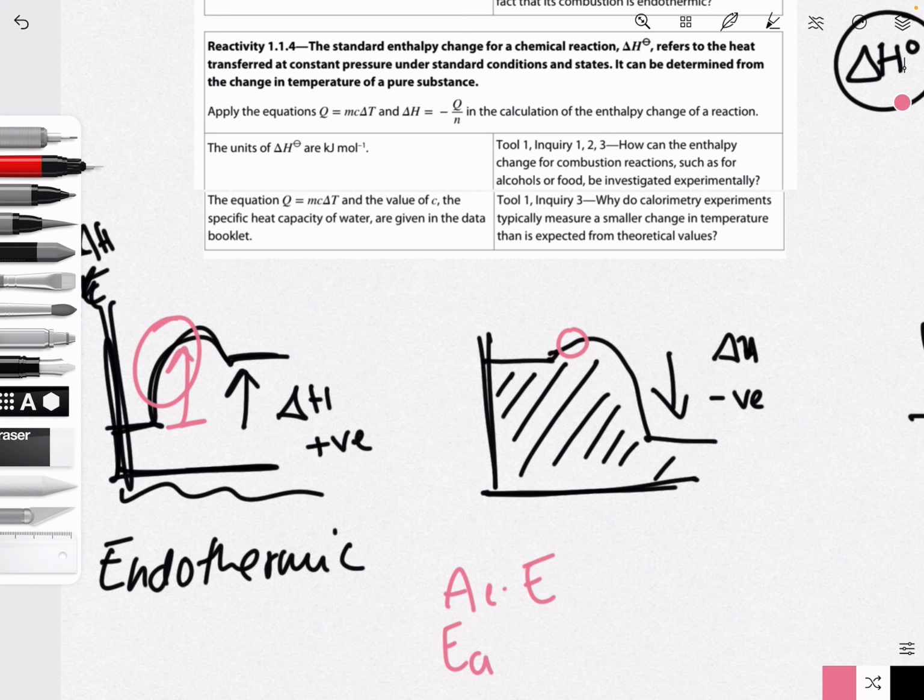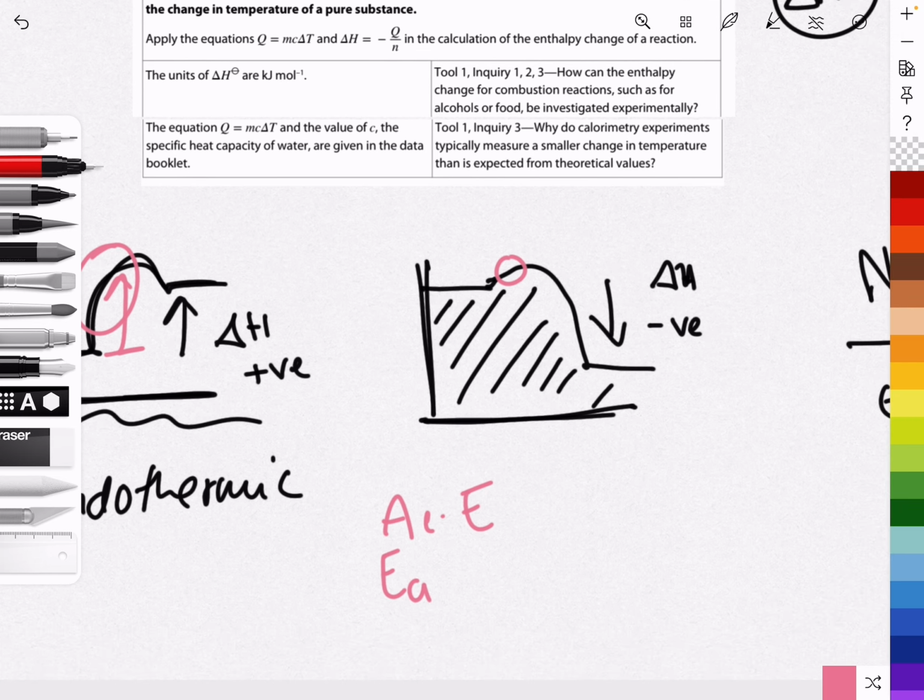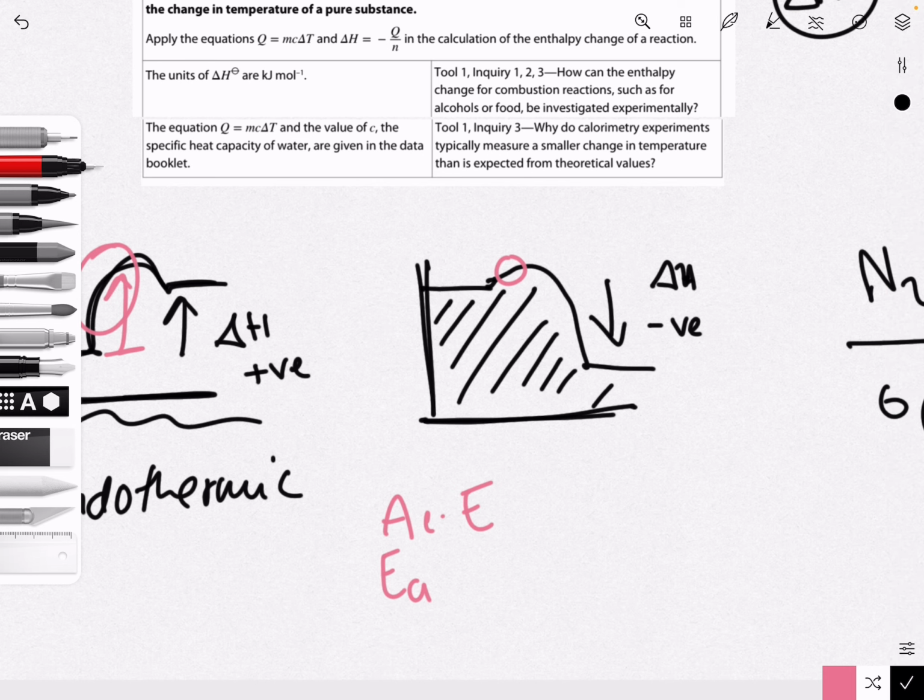And finally, let's take a look at some of the equations that you will need to know for this topic. Let's get back to our black pen.